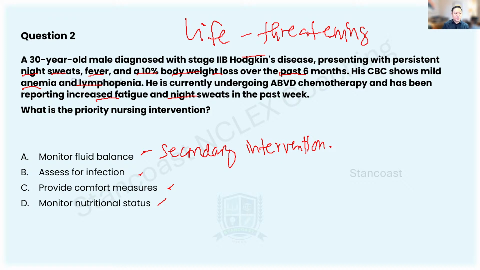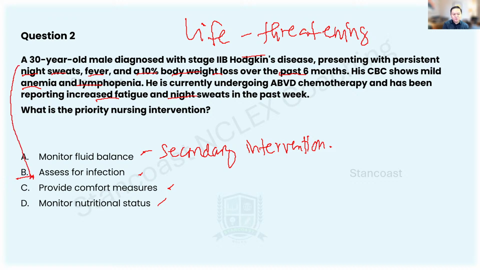And as we know, there's already manifestation of night sweats, fever, weight loss. Those signs are constitutional manifestations of an infection. Okay, so we are going to do letter B, assess for infection. These are common manifestations of, again, infection.